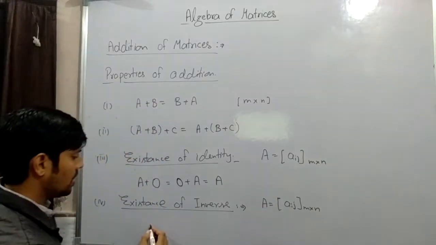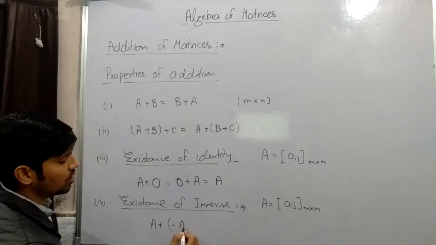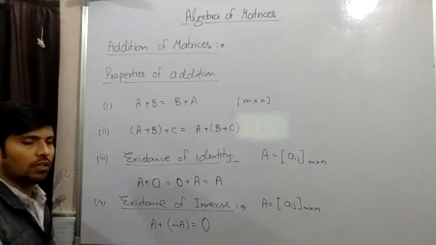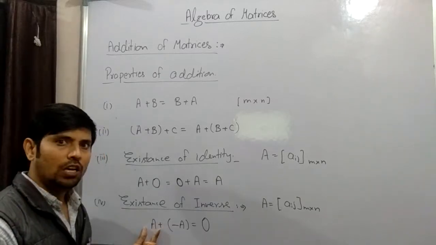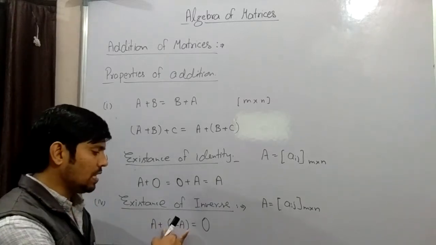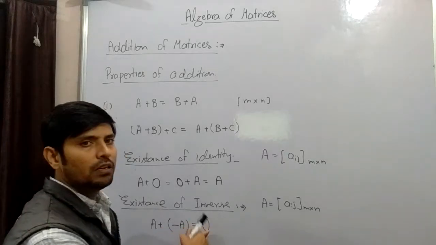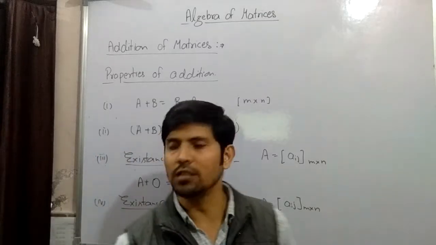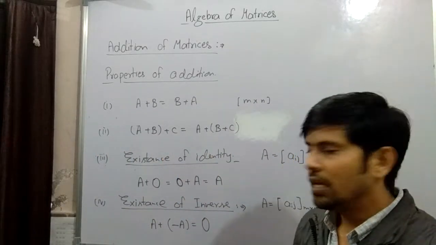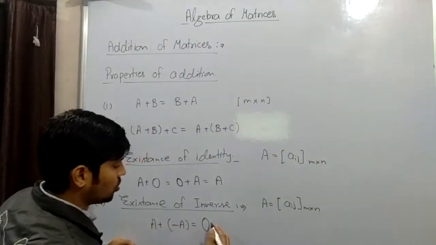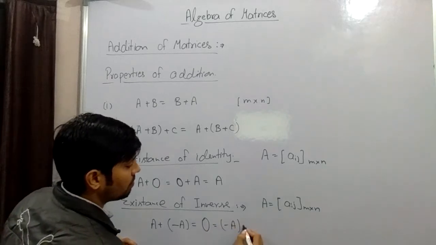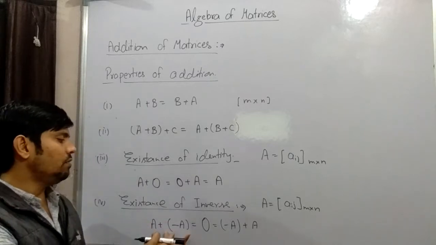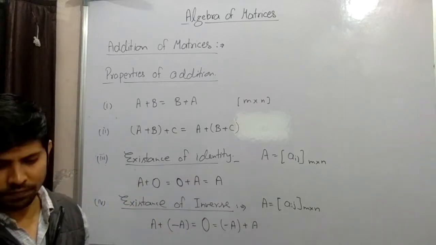It means if we add some matrix to this and the answer becomes the null matrix. If we add A to the matrix minus A, we get a null matrix. This minus A is called the additive inverse of the matrix A. So A plus minus A equals 0, or minus A plus A equals 0. So minus A is the additive inverse of the matrix A.